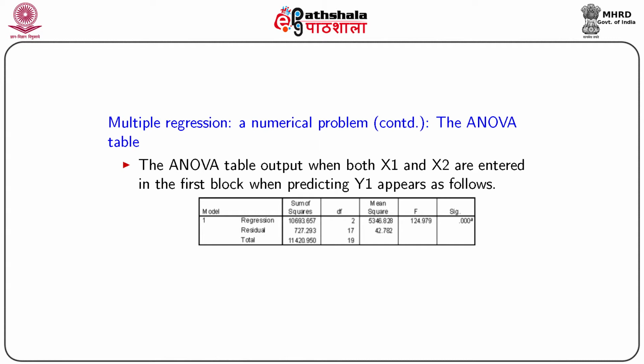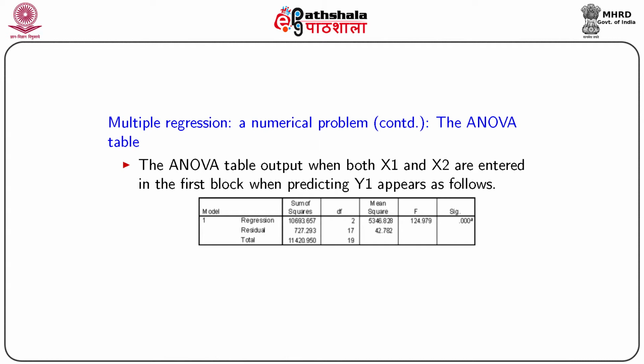As you can see, the Anova table output when both x1 and x2 are entered in the first block when predicting y1 appears as follows in R. We have the sum of squares for the regression model, the residual, as well as the total sum of squares. We have their corresponding degrees of freedom. For regression, we have degrees of freedom 2 because we had two explanatory variables, and the mean squares are also available.